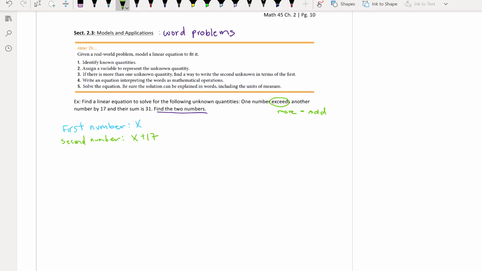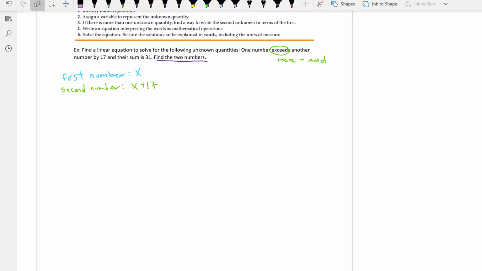Now, let's put this into an equation. It specifically says that their sum is 31. So what I know is that the first number added, which means sum, right? The sum means to add.